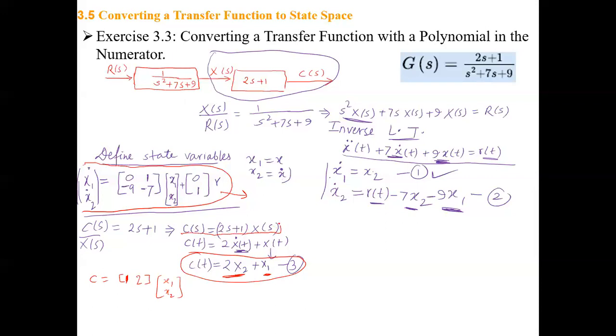Yeah, I understand that line. So what we did, we do the Laplace transform, inverse Laplace. So the CS will be CT, then 2S X will be 2X dot, right? Then this guy is XT. Makes sense? Gotcha. Thank you. All right. Yep, makes sense to me.